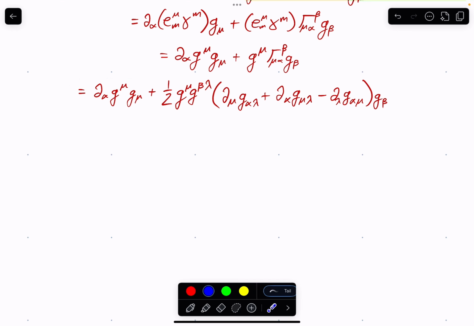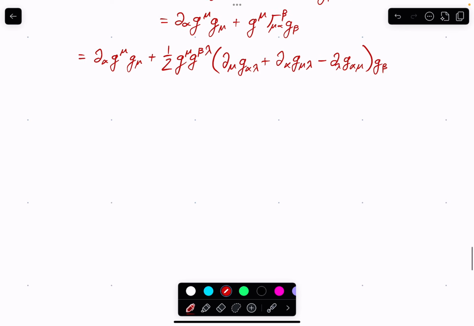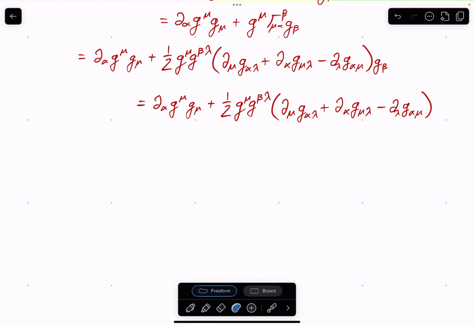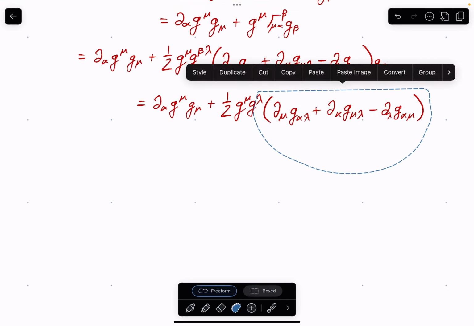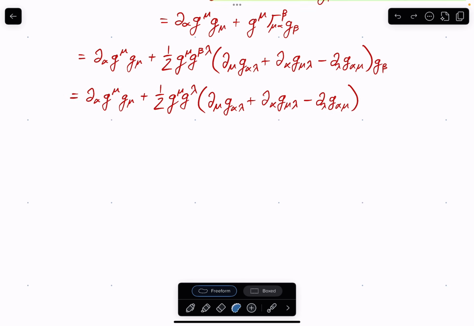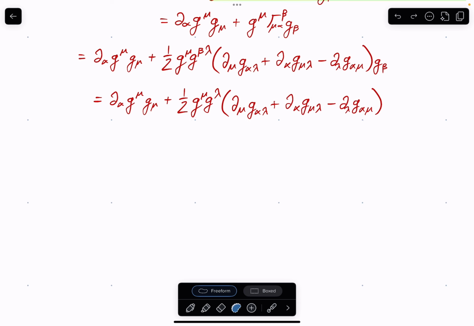Now we can actually sum over this beta index and remove it. I don't want to rewrite everything here, so I'm just going to copy and paste. So we have that sum to get rid of the g_β.